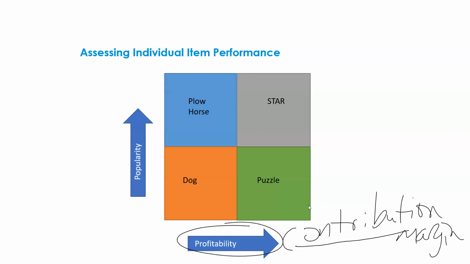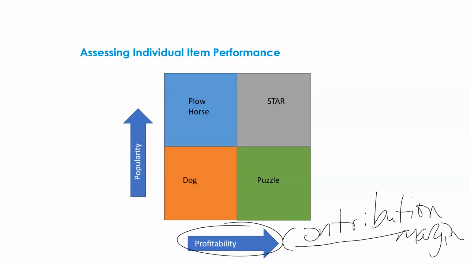So our contribution margin goes back to that point of, yeah, I sell that lobster for $100, but it also cost me $50, versus those Brussels sprouts cost me $1 to make and I sell them for $15. So the contribution margin is what gives us that difference.